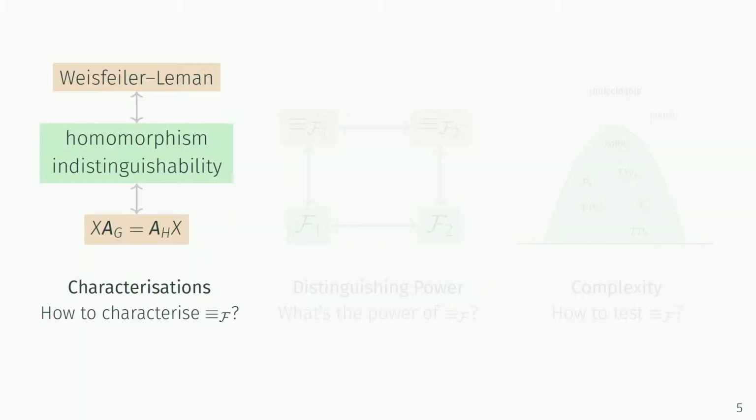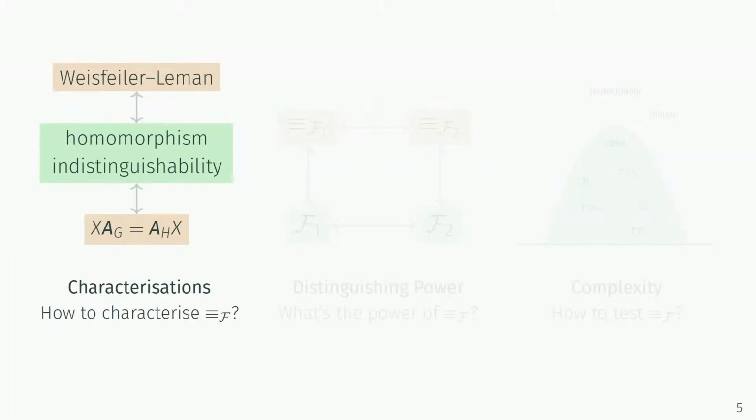Okay, so there will be three parts. The first part is, I think, a third, then the second part is a bit longer, and the last part is very short. So in the first part, I'm going to talk about characterizations, so how to characterize a homomorphism indistinguishability relation, or going the other way, given a graph isomorphism relaxation, how to prove that it is a homomorphism indistinguishability relation.